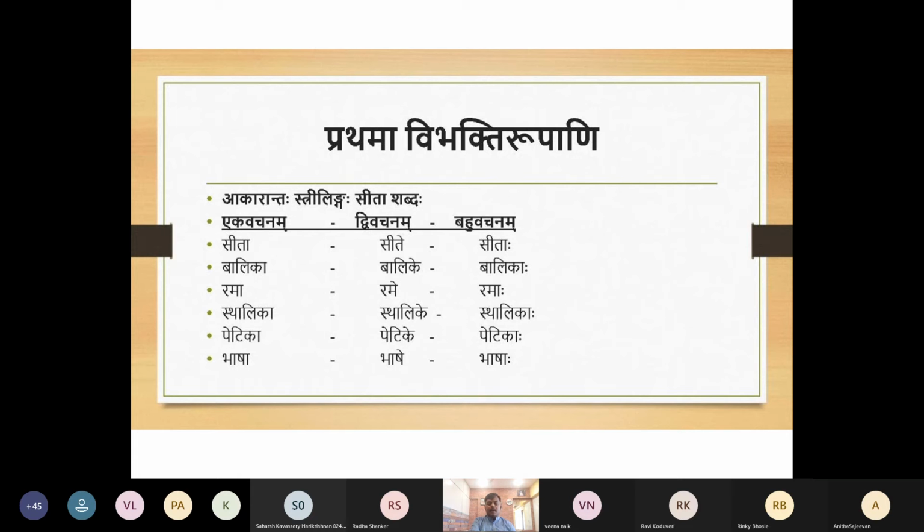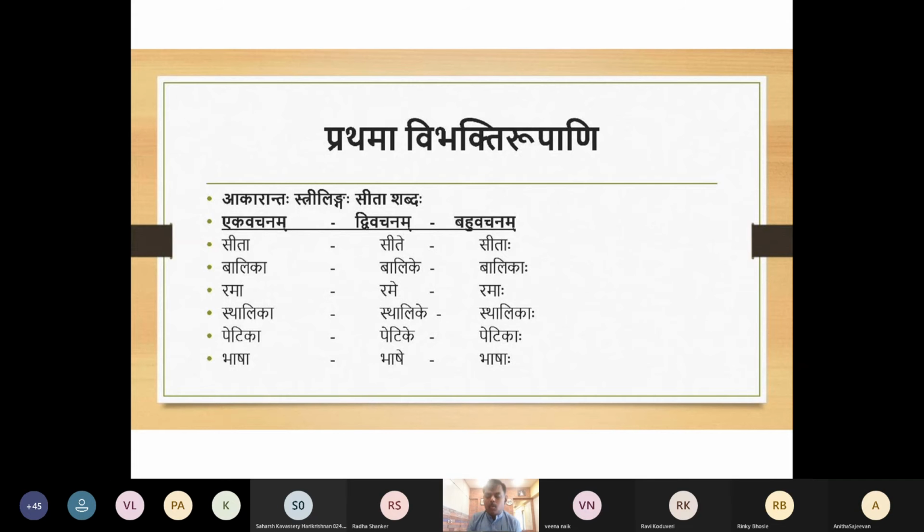Rama, Rame, Ramaha. Stalika Asti, Stalike Stah, Stalikaha Santi. One plate is there, two plates are there, three or more plates are there. Petika Asti, Petike Staha, Petikaha Santi. One box is there, two boxes, three or more boxes.